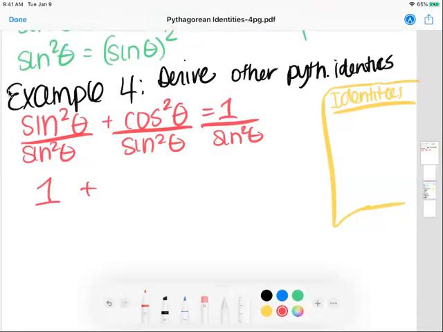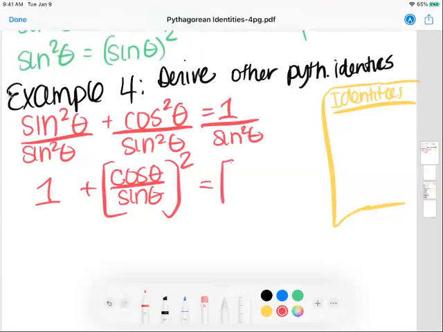I can write this as cosine theta over sine theta squared. And this is all equal to 1 over sine squared theta, which I'm also going to rewrite as 1 over sine of theta squared.